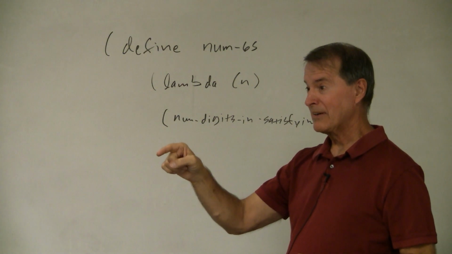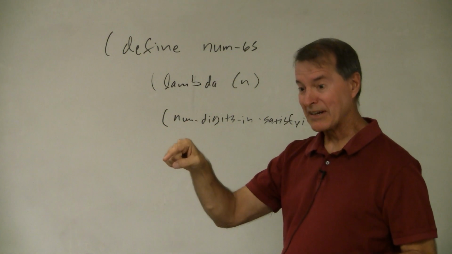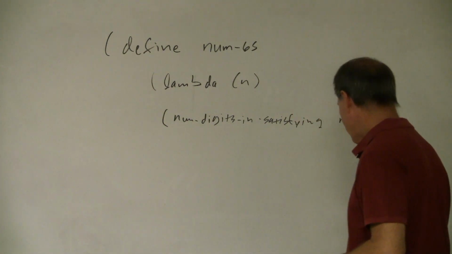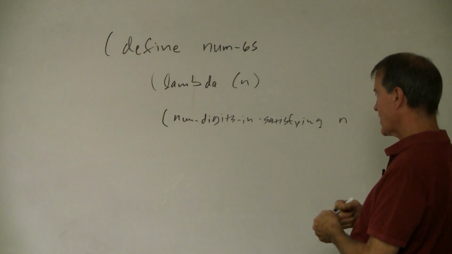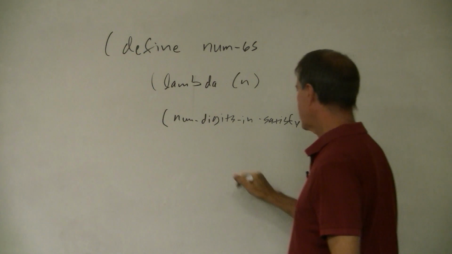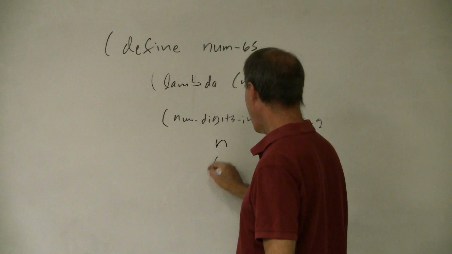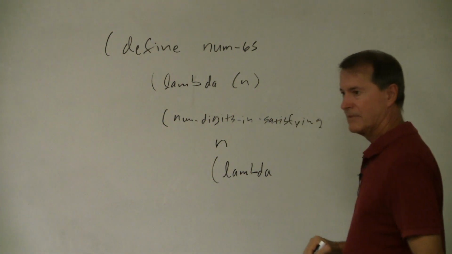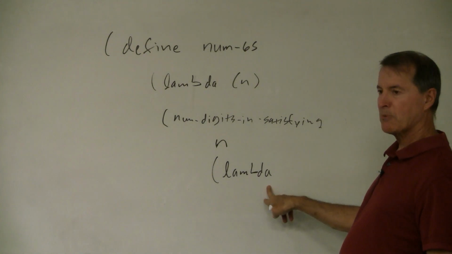Are you with me? It's lambda. Is everybody clear? So what should that be? That next one should be, maybe if we put it on 2 lines here, this is n. And then what? Lambda what?